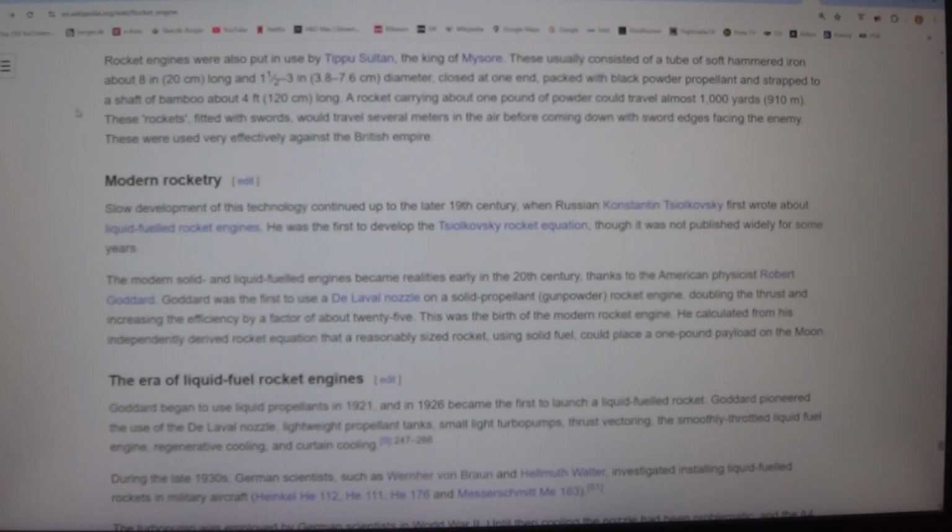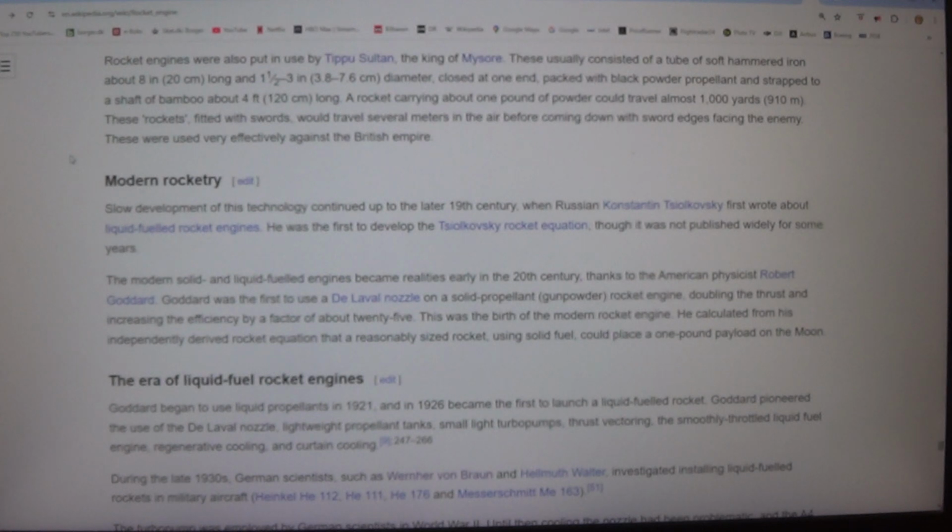A rocket carrying about 1 pound of powder could travel almost 1,000 yards, 910 m. These rockets, fitted with swords, would travel several meters in the air before coming down with sword edges facing the enemy. These were used very effectively against the British Empire.